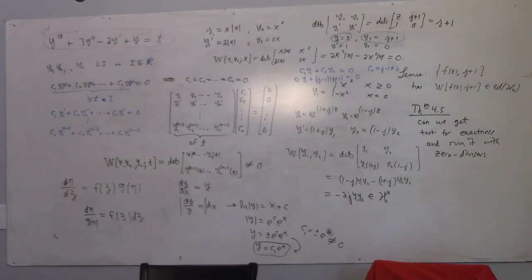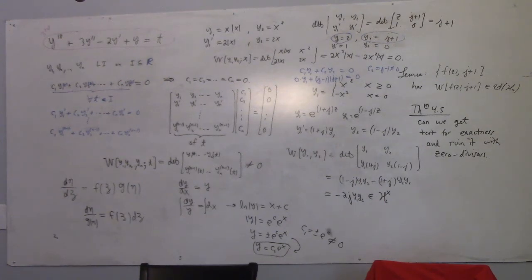So if we have M and N and they have the exactness test, we're trying to prove that that always gives us an f? Or we're trying to see if it always gives us an f? Well, the way I have the condition stated here, I say M is partial f partial zeta, and N is partial f partial eta.